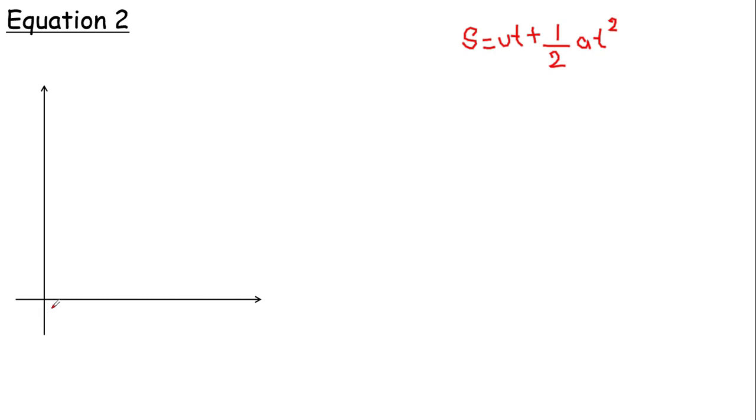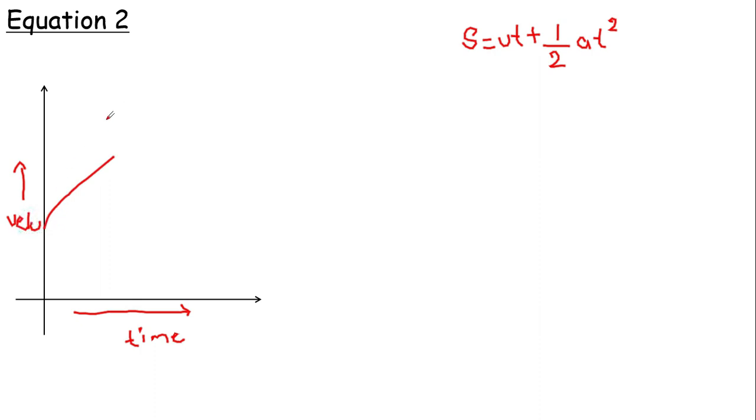So we take u at the origin, with the x-axis as time and the y-axis as velocity. Here time was 0 when it started, so this is u.